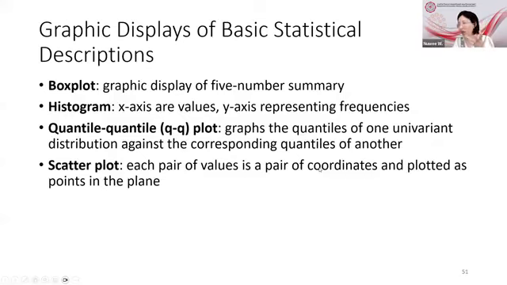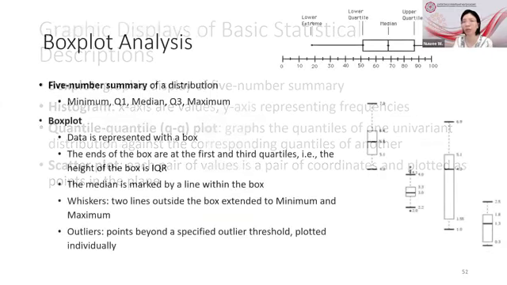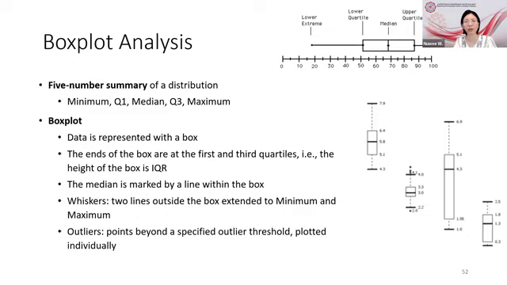We will talk about box plot, histogram, QQ plot, and scatter plot. Okay, you already know box plot, right? A box plot contains the five-number summary. The data is represented with a box, and the ends of the box are the first and third quartiles. So the height or width of the box is the IQR, the interquartile range. The median is marked by a line within the box.